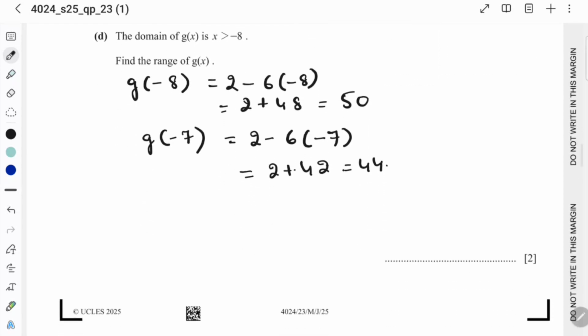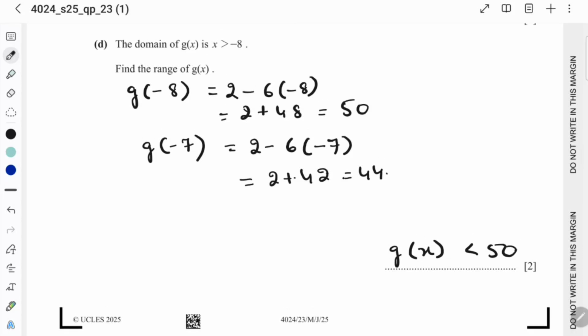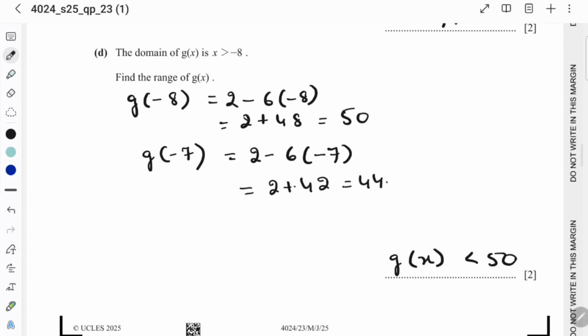It means that g of x will be less than 50. It will not go more than 50. If we put values greater than minus 8, the answers become smaller and smaller. That's why g of x will be less than 50 in this question.